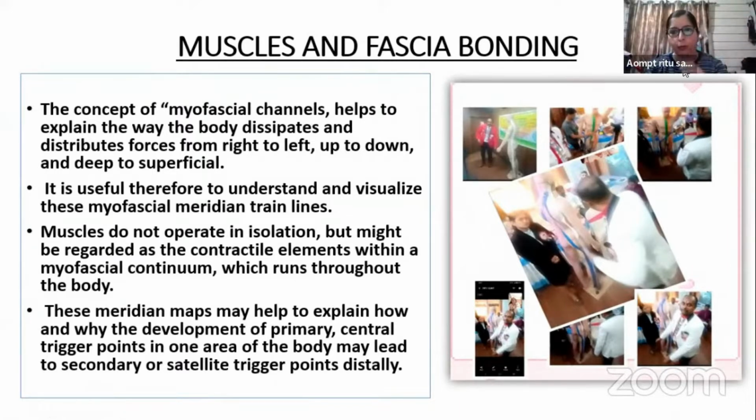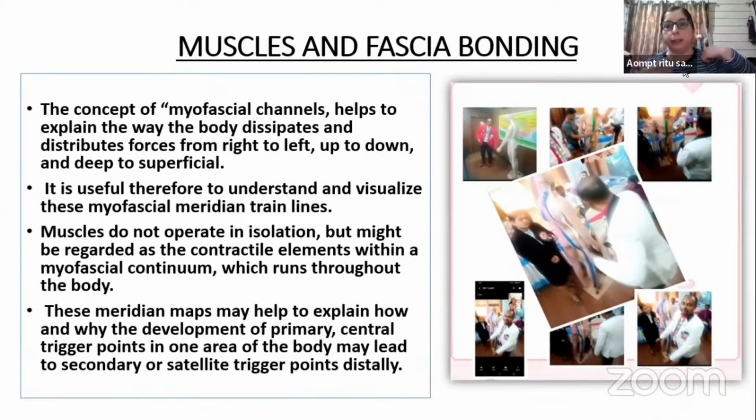They can affect both regions. Maybe there is a central trigger point in the proximal. It can be the satellite or the secondary latent trigger point can be in the proximal or the distal part also. It means there is a chain. If I am having a trigger point in my upper trapezius, maybe there is some latent trigger point in the deep muscle, that is the levator scapulae, or maybe in another region also, maybe in the quadratus lumborum or the thoracolumbar fascia.